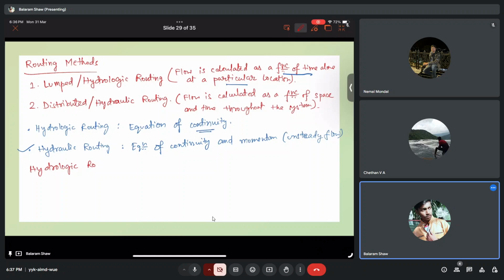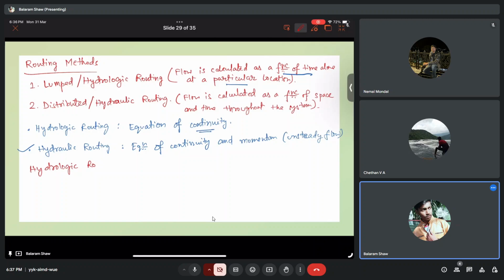We write that as I bar into del t minus O bar into del t equals the change in the storage, where I bar is the average inflow, and O bar is the average outflow.